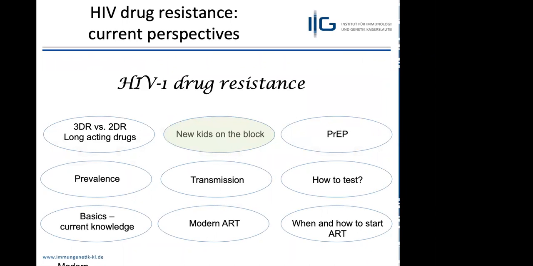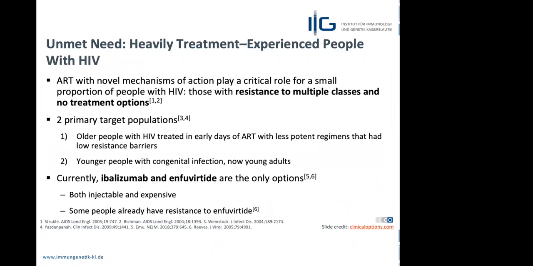So what about new kids on the block? For treatment-experienced patients, it's really important, and we do all have these patients. For some of these patients, it was not about adherence, it was about age, because they were starting antiretroviral treatments at times when we were just happy to have some drugs at hand.